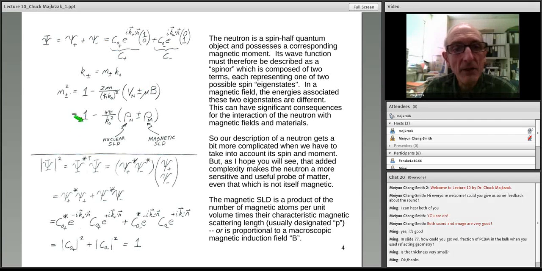So now we have a refractive index where for one spin state, you will get an addition of the nuclear and the magnetic parts, and for another spin state, when everything is saturated and the moment is parallel to the field line, you will get a difference, and it can be made to cancel. And as you'll see in a few minutes, this is a very good way of polarizing a beam. Okay, so things get a little bit more complicated, but with that additional complication comes an enhanced sensitivity that we can take advantage of.